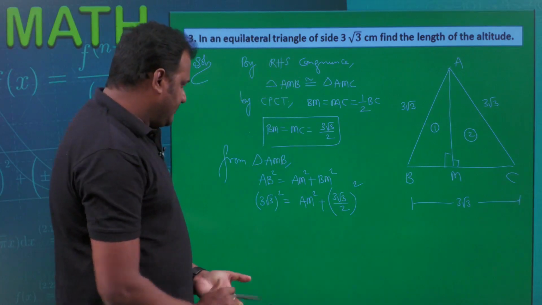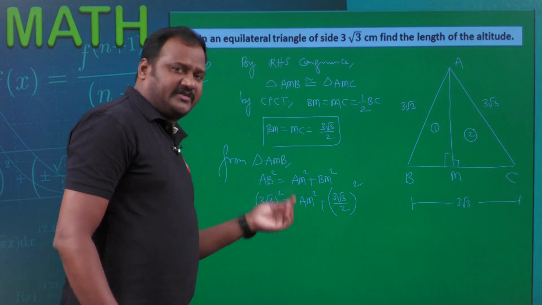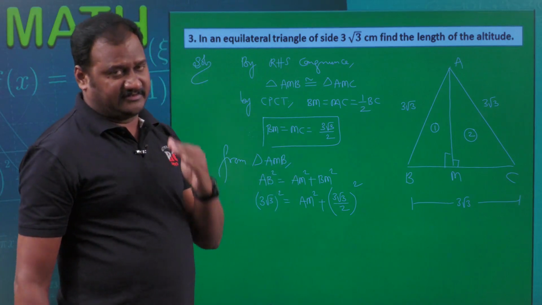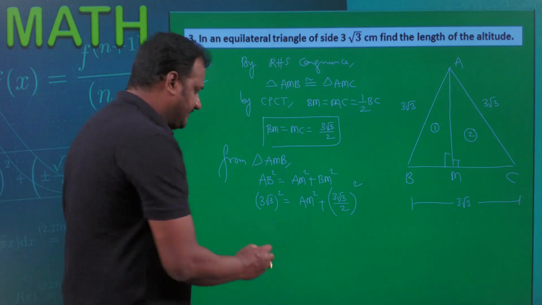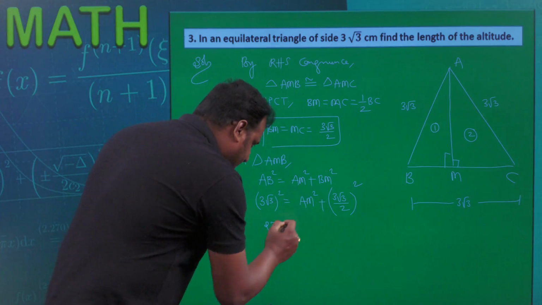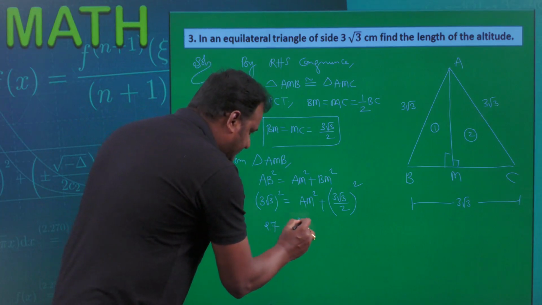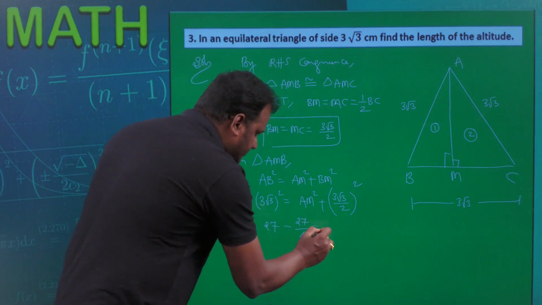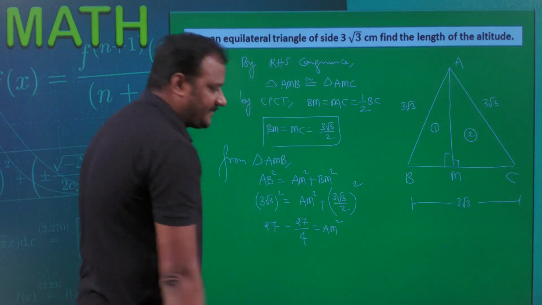Now you simplify. What is 3 root 3 whole square? 3 square into root 3 whole square. 3 square is 9, root 3 whole square is 3, so 9 3s are 27. Transposing 3 root 3 by 2 whole square to this side, 27 minus 27 divided by 4 is equal to AM square.